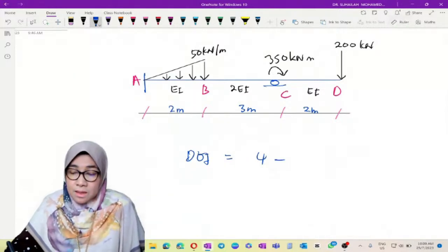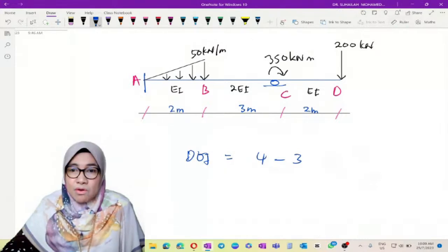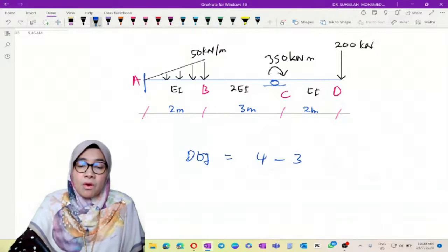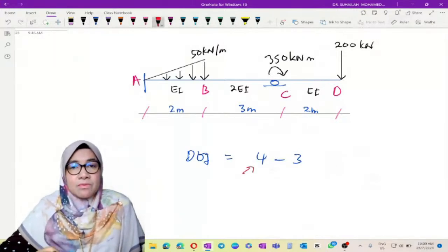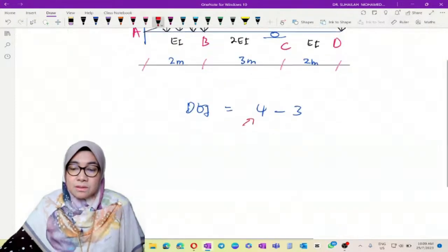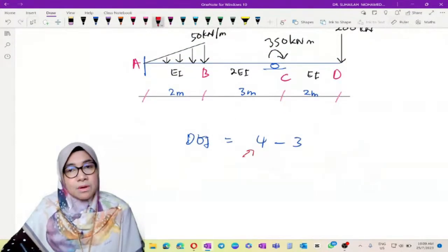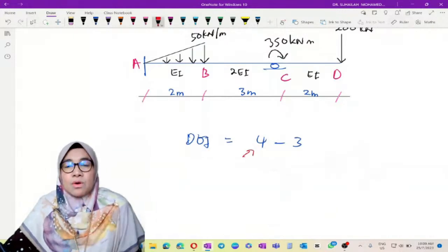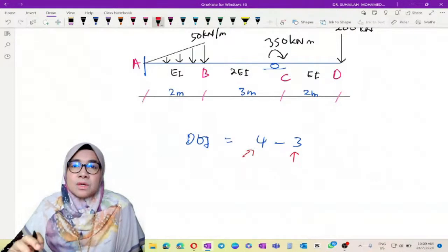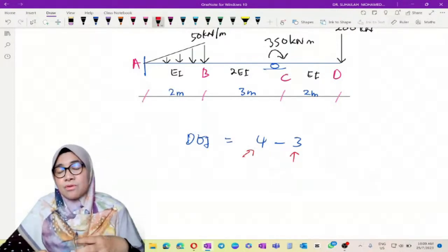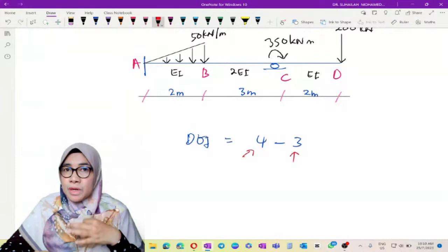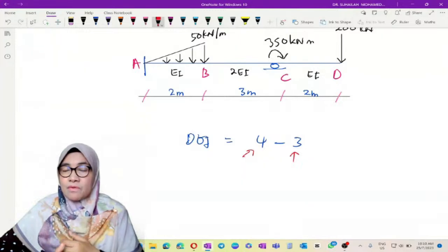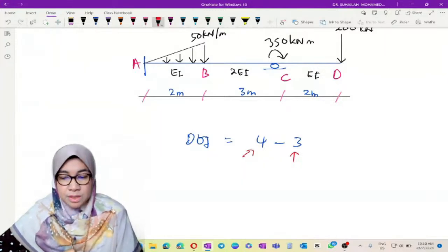We minus 3, because only 3 can be solved using equilibrium equations. The 4 refers to the number of unknown reactions in the beam, and the 3 refers to the unknown reactions that can be solved using the 3 equilibrium equations.